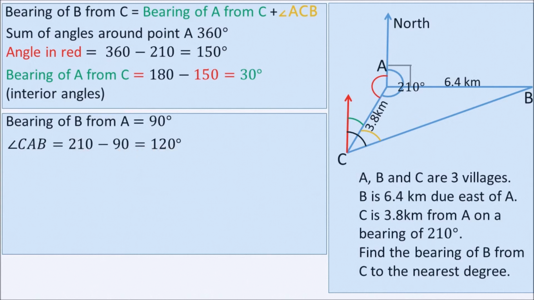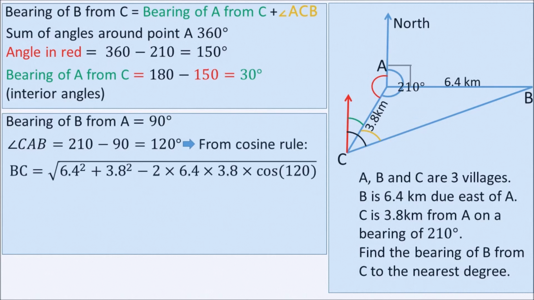Now we have triangle ABC, where we know two sides, namely side AB and AC, and we know the angle in between. If you're familiar with the cosine rule, then you should know that we can easily get side BC using that rule, since the rule says that the square of the side opposite to the angle that we know, which is angle CAB, is equal to the sum of the squares of the other two sides minus 2 multiplied by the product of those two sides multiplied by the cosine of the angle in between.